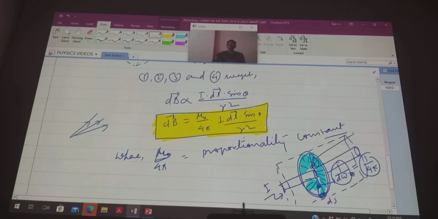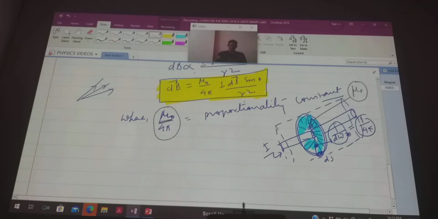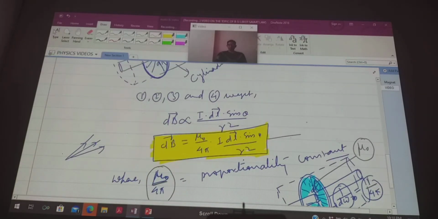So when we combine this permeability with 1 upon 4 pi, we get the proportionality constant, after removing the proportional sign. So we get here equation 5.